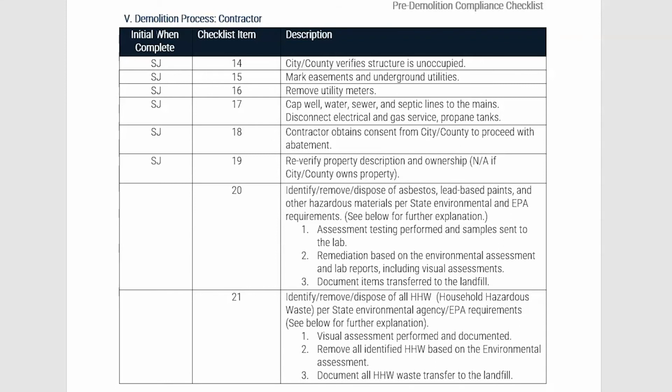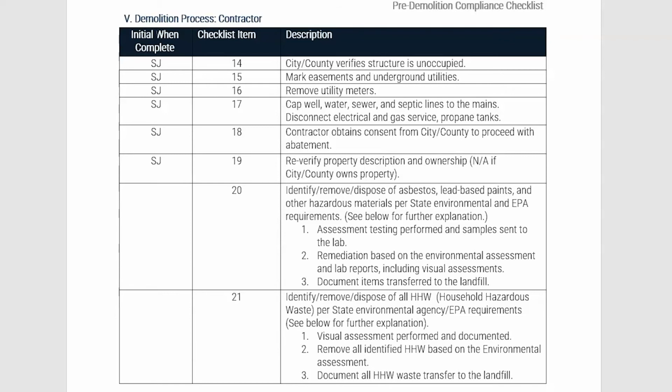In number 20, the subrecipient should ensure that all environmental hazards such as asbestos, lead paints, and other hazardous materials noted on the Hazardous Material Disclosure Certification and Environmental Review have been identified, removed, and disposed of according to regulation. For example, during the environmental review, subrecipients should perform lab tests of samples to identify asbestos, lead paint, or other hazards.